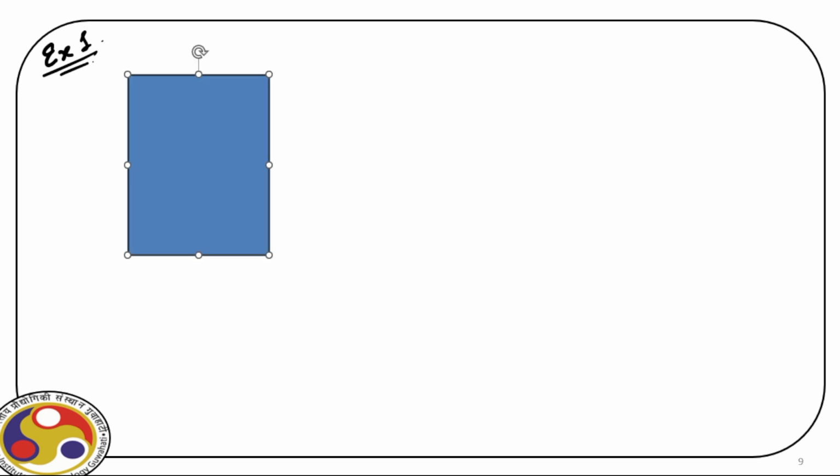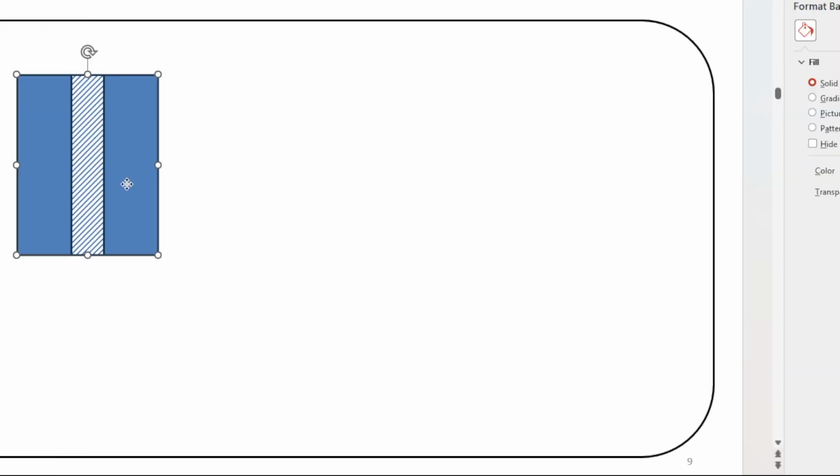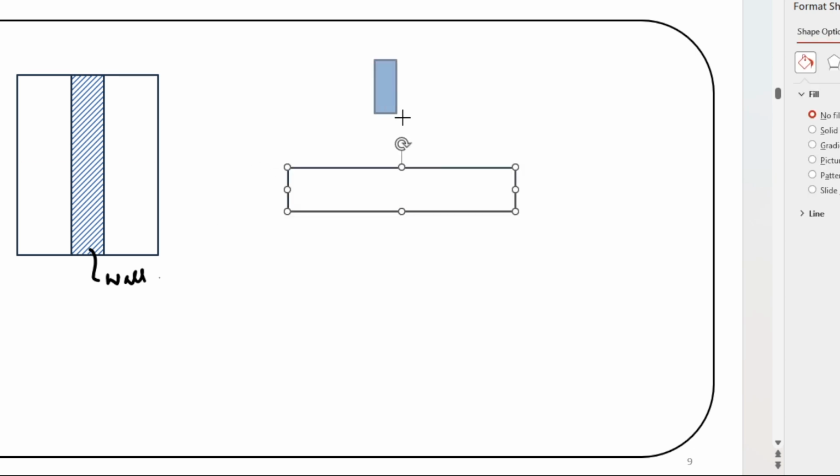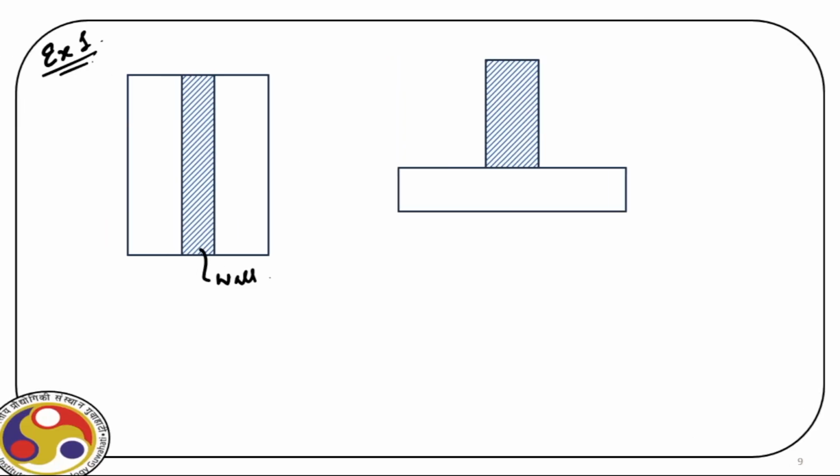In this example, we have a wall supported by a footing. So we have a wall, and if I draw the cross section, this is the arrangement. So we have to design this foundation.